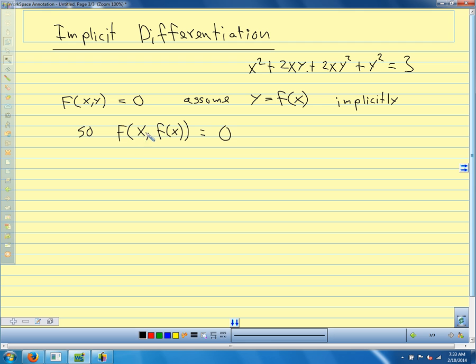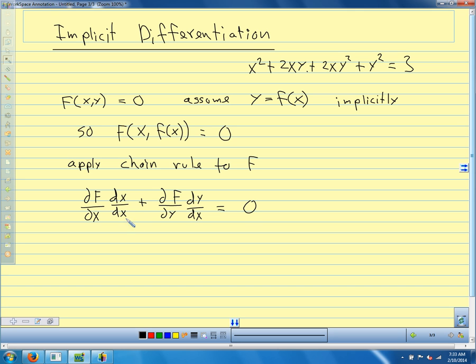And I'm going to apply case 1 of the chain rule. I'm going to apply the chain rule to F. So I'm going to take the derivative of both sides with respect to x. So I'm going to say the partial of F with respect to x times dx dx plus the partial of F with respect to y times dy dx equals 0.